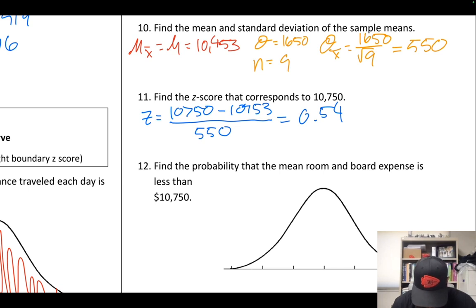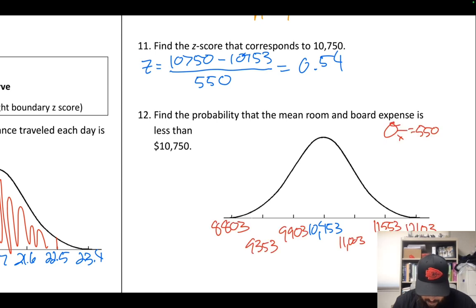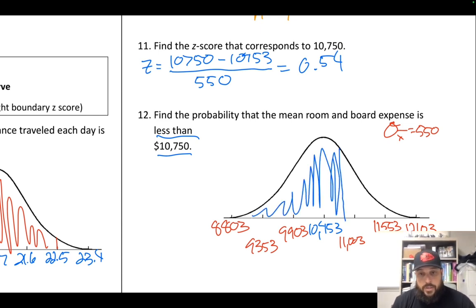So let's fill out our sketch here. So going up, remember we're adding 550, and then we want 10,750 and less than that amount. That's somewhere in here. We've got less than, so we're looking for that whole area there.